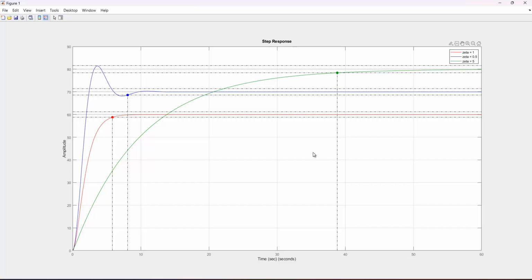First of all, we need to check the settling time of these terms. Just see that the green line, where zeta is equal to 5, is around 40. And if zeta is 0.5, it is 8.08, and the other is 5.83.